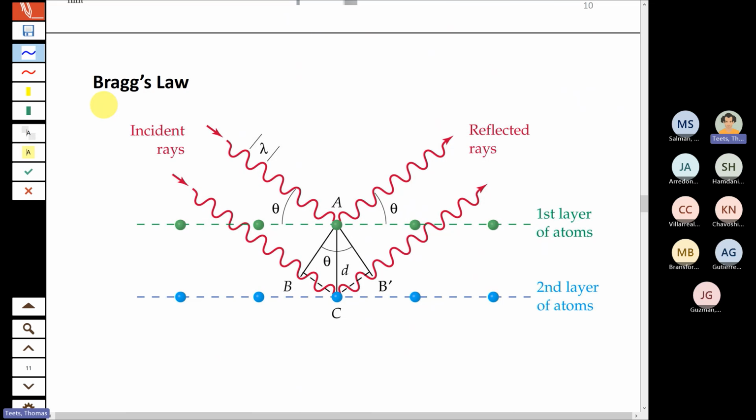So in this model here, there are a few parameters to consider. So you have lambda, which is the wavelength of the X-rays that you're using. And that's going to be dependent on how you generate the X-rays. That's a known quantity. And then, as we said, you're going to have X-rays going into the crystal, diffracting off the crystal, and there's going to be certain orientations, certain angles where you get constructive interference between those.